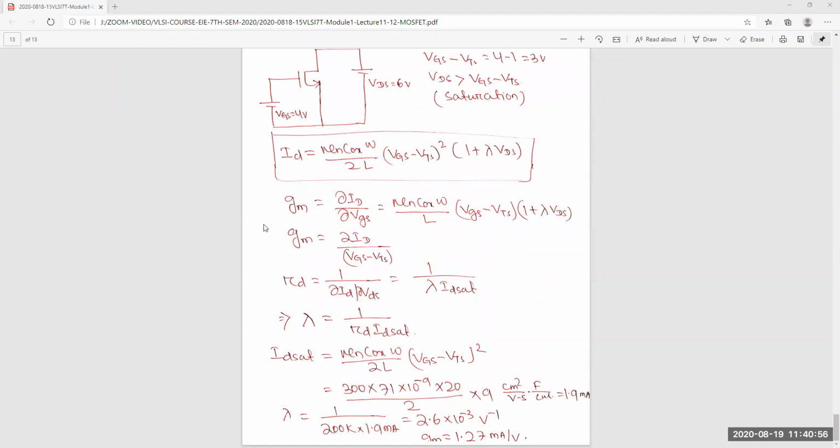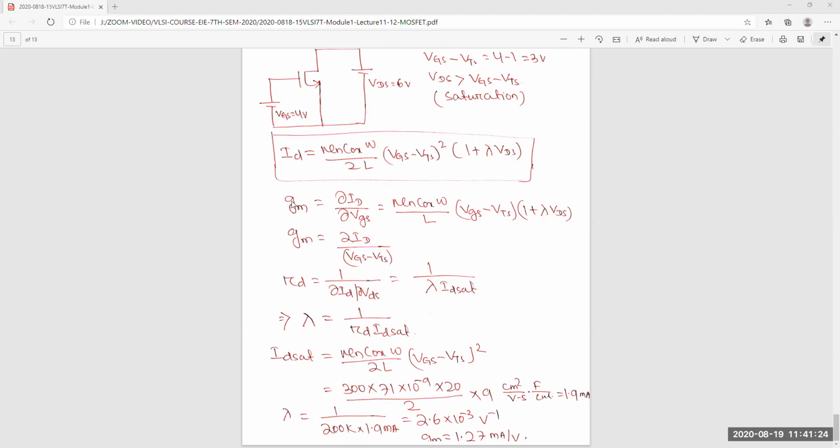Then you have to calculate gm. gm is dou ID by dou Vgs. You can convert this to 2 ID by Vgs minus Vt with some manipulation. Then RD, which is 1 by dou ID by dou Vds, and this is 1 by lambda ID sat.